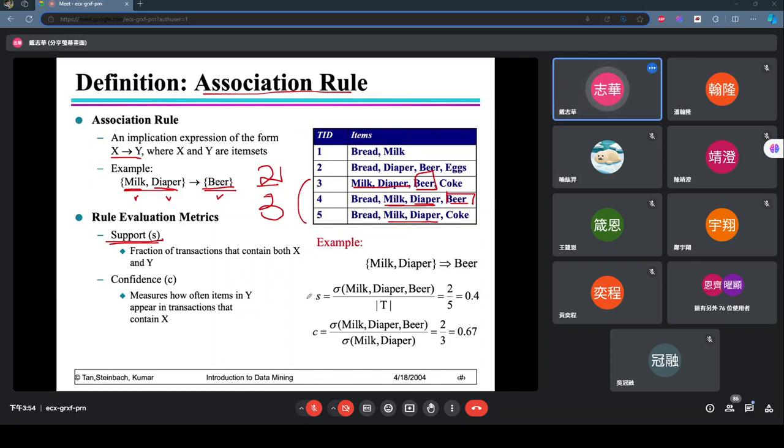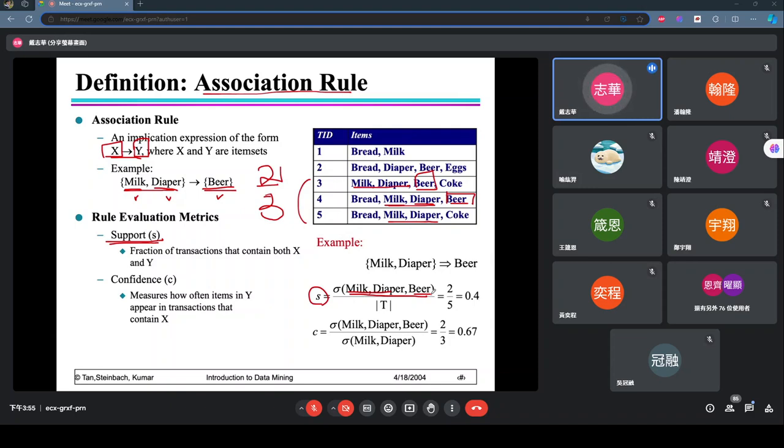So how to calculate the support of a rule is not to use X, it's not to use Y. Instead, it uses X and Y. See? Because we need X and Y happening together in the same transactions.